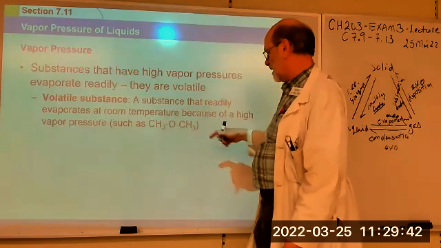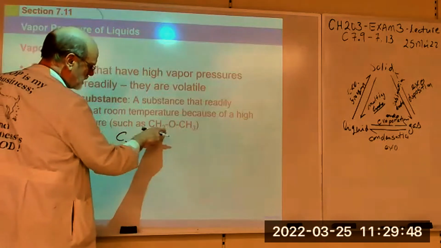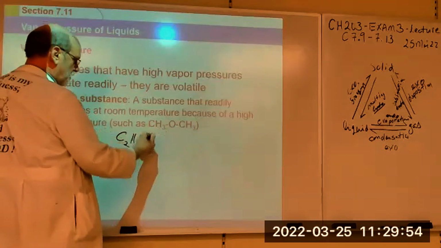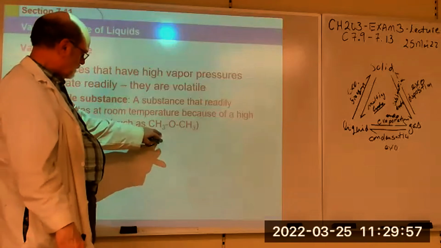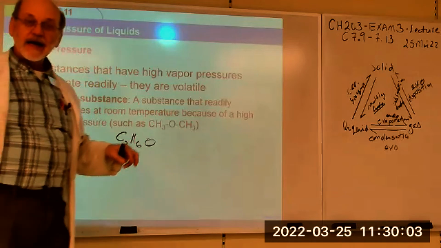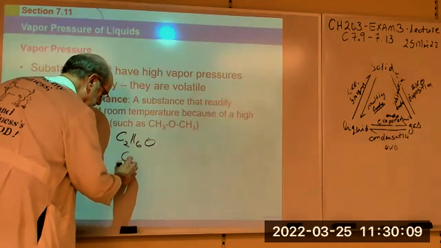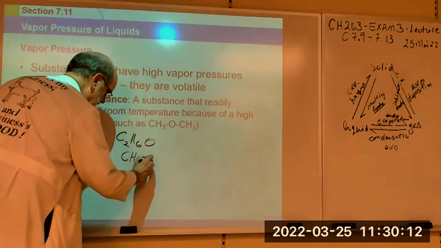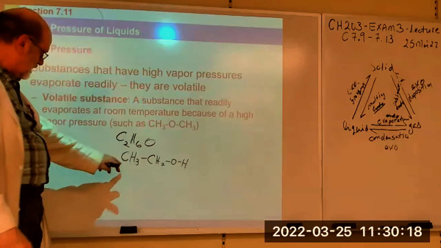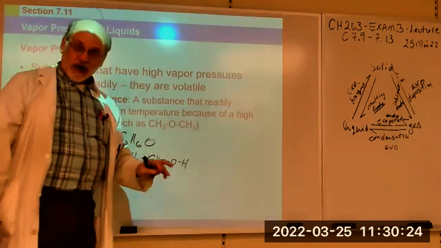But if we take that same formula, two carbons, 6 hydrogens, and 1 oxygen, okay, if we take that same formula and we give it a different structure, we say two carbons, 6 hydrogens, 1 oxygen.